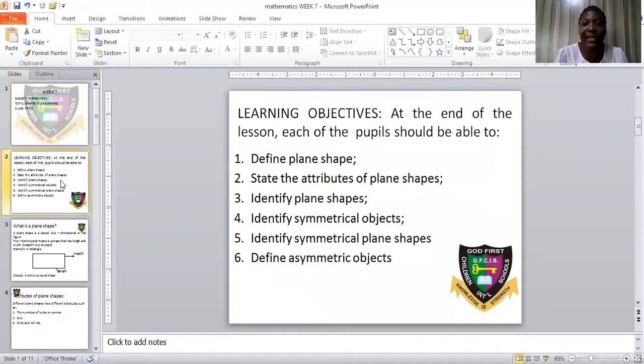At the end of the lesson, each of the pupils should be able to define plane shape, state the attributes of plane shapes, identify plane shapes, identify symmetrical objects, identify symmetrical plane shapes, define symmetrical objects, and asymmetrical objects.